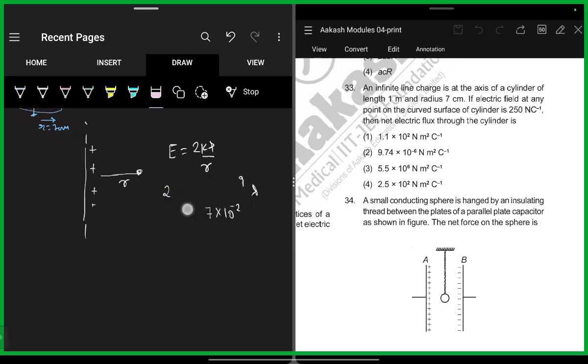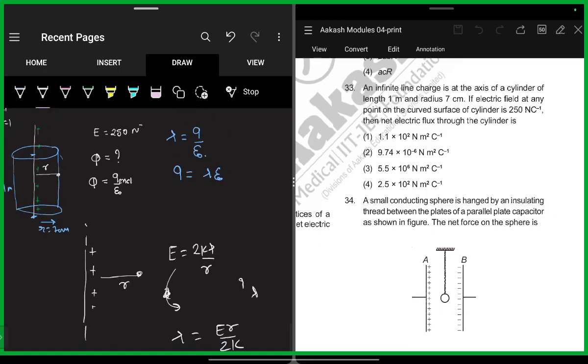Okay, so from here lambda is Er divided by 2k. Okay, and our charge is Q upon length.